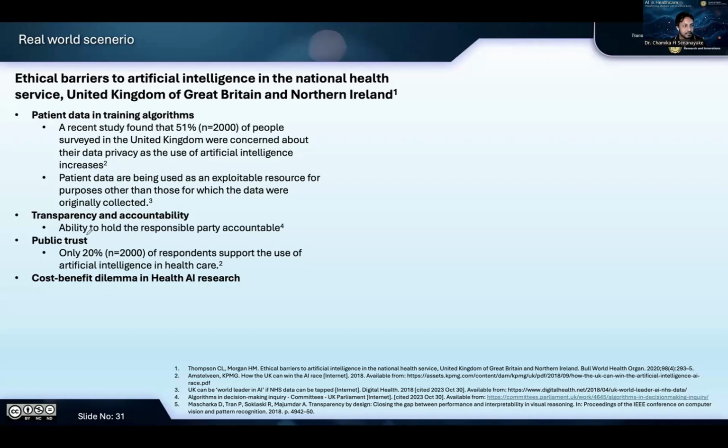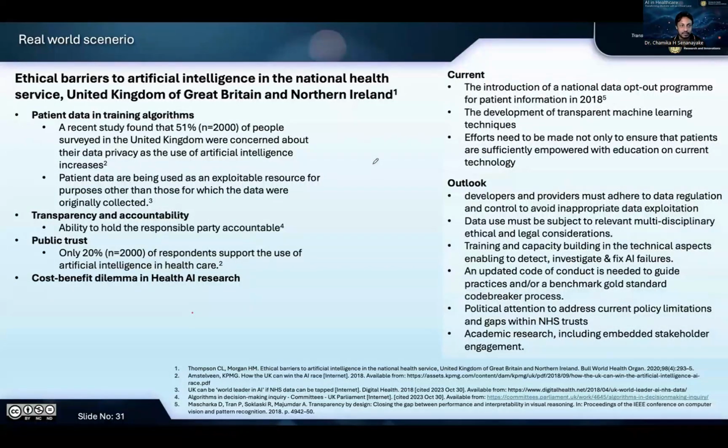And there is a transparency and accountability issue. Even according to their survey, only 20% of the respondents support the use of artificial intelligence in healthcare. And there is always a cost-benefit dilemma in health AI research as well. So currently, how have they tackled it? The UK government introduced the National Data Opt-out program for patient information in 2018.